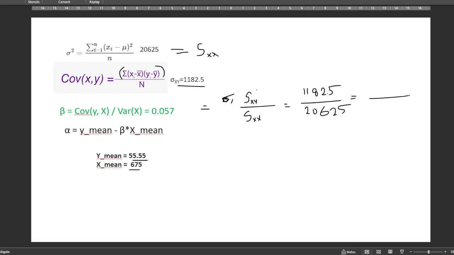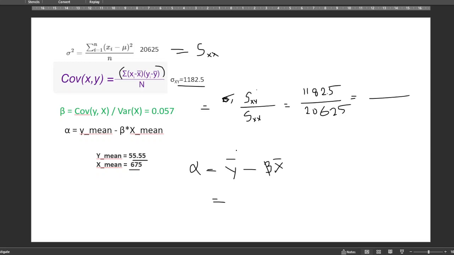Once we find the beta value, the alpha value is simple: alpha is equal to y bar, which we already know, minus beta, which we have calculated right now, times x bar. From these values we can get the alpha value.